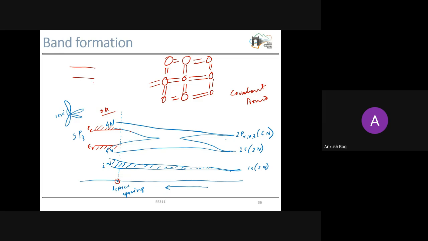That means there will be some slope in the conduction band and valence band. So just for understanding, if this valence band is completely full of carriers, there is no vacancy, then you will not be able to notice any carrier movement.